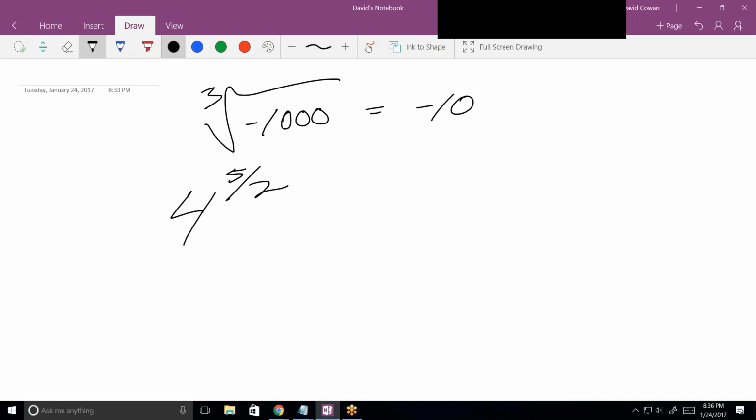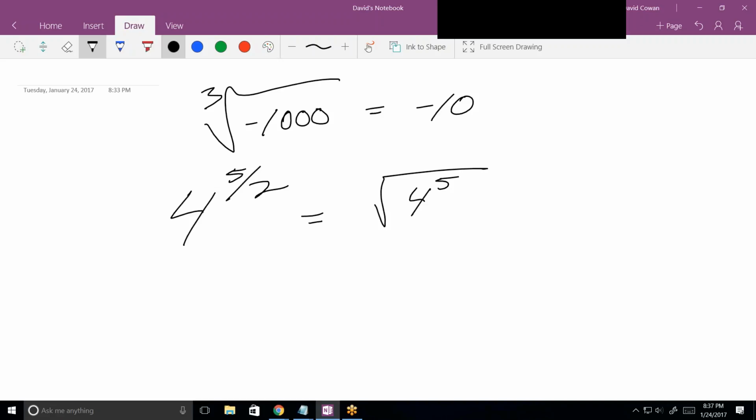When you have a fractional exponent like this, you're taking the denominator as the root and the numerator as the exponent. So I could write this the same as the square root of 4 to the 5th power. But that's hard to do because 4 to the 5th power is a big number.